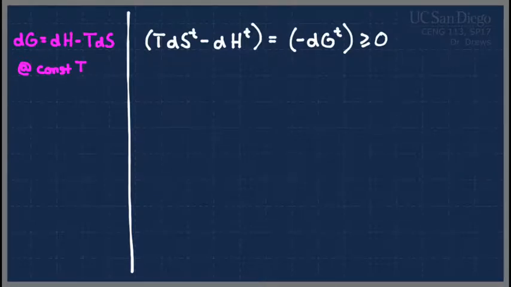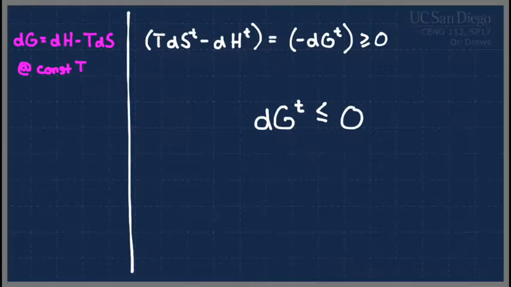And so that is our jewel, our gem. Everything that we have been going for was this. For any real system, if anything happens in that system, anything at all, we don't care what kind of change that happens to be, if that change is real, if it actually happens in our system, then the change in Gibbs free energy will be less than 0.